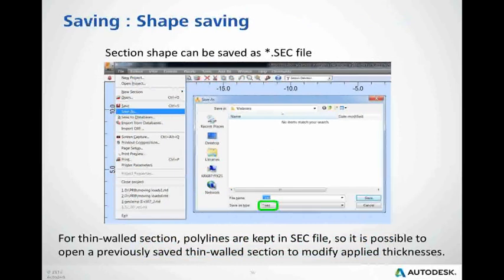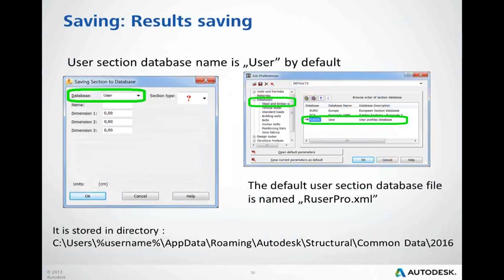Like for the solid section, the shape of this thin-walled section can be saved on an external file, a sec file. The section can be saved in the user section database to be later used on the model in the same way as previously discussed during the solid section presentation.